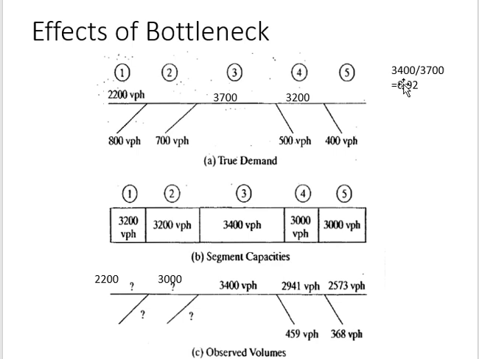Now what will happen on the next segment? What is the demand of the next segment? 3,200. What is the capacity? 3,000. Now what will happen in segment 4? A breakdown. And now what will we call segment 4? Bottleneck.